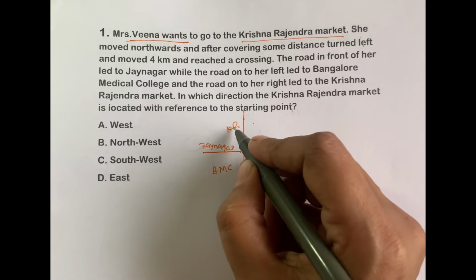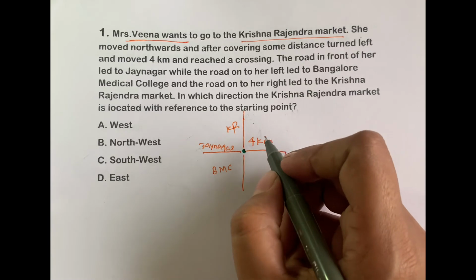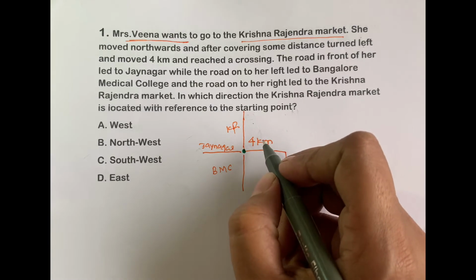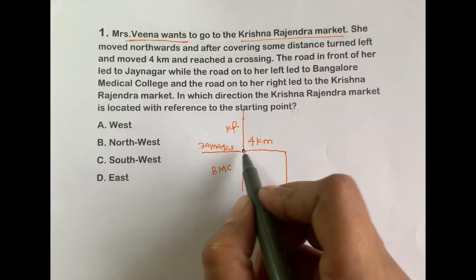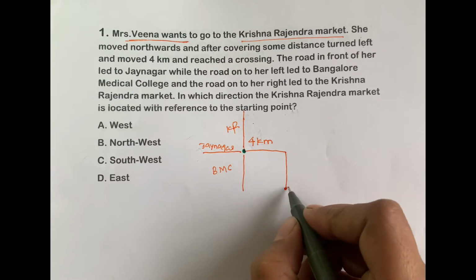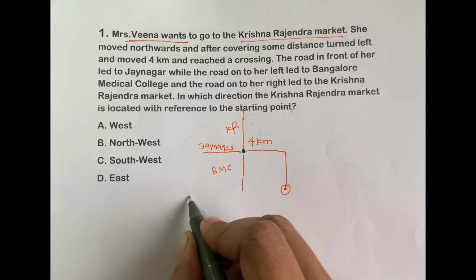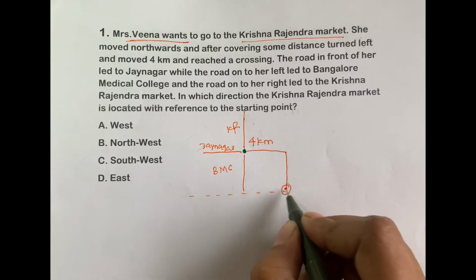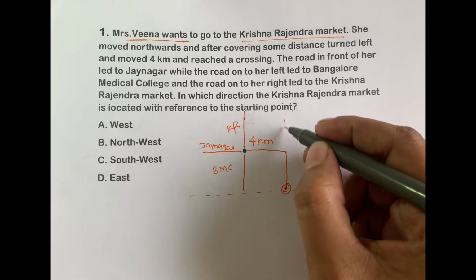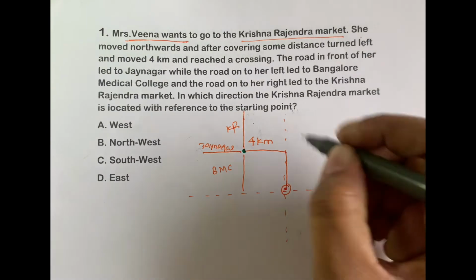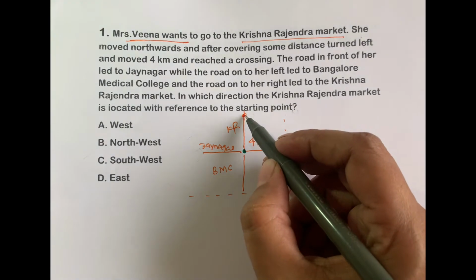Now, in which direction is the Krishna Rajendra Market located with reference to the starting point? So which is the starting point? This is the starting point. So let's cut the line. This is the line and KR Market is here, isn't it?